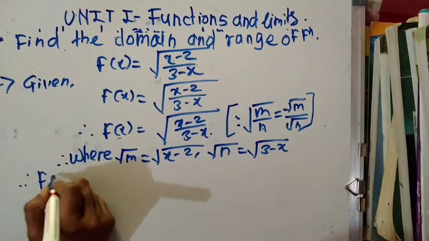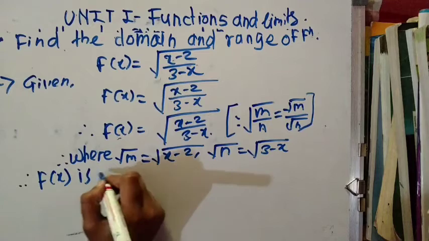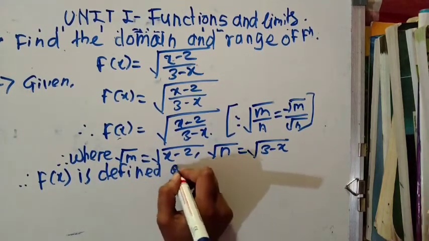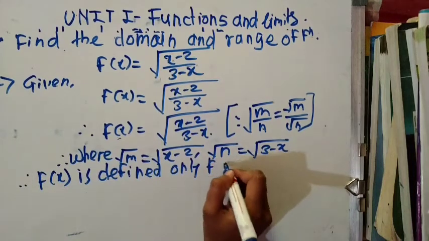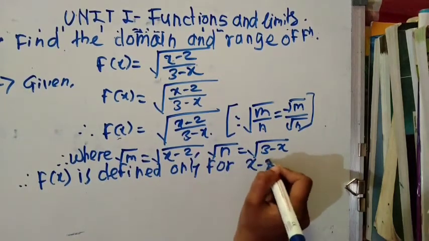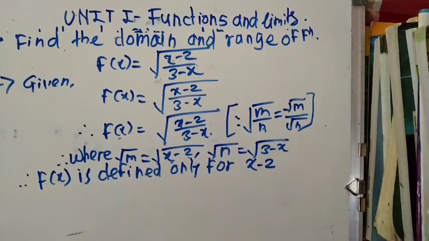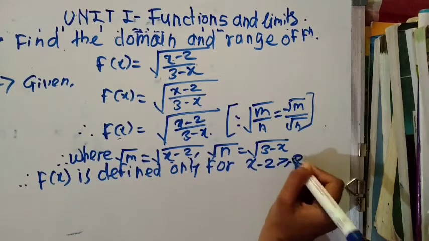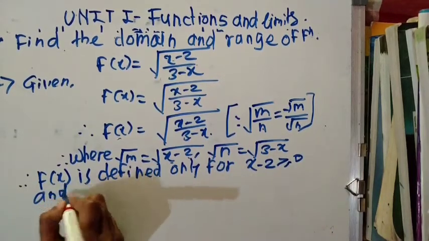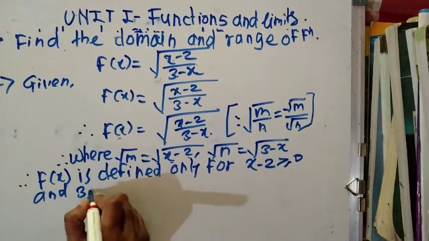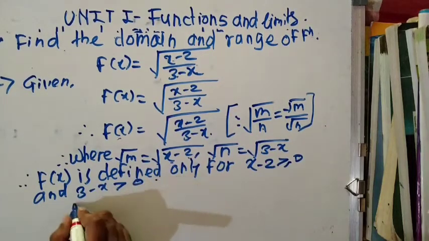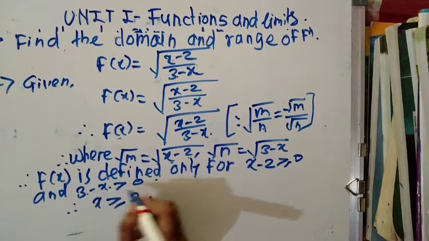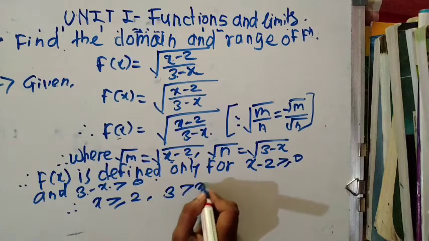Hence f of x is defined only for x minus 2 greater than or equal to 0 and 3 minus x greater than 0, means x is greater than or equal to 2 and 3 is greater than x.